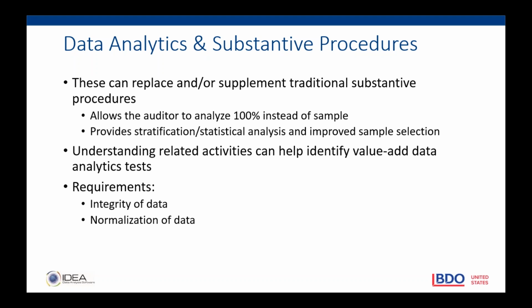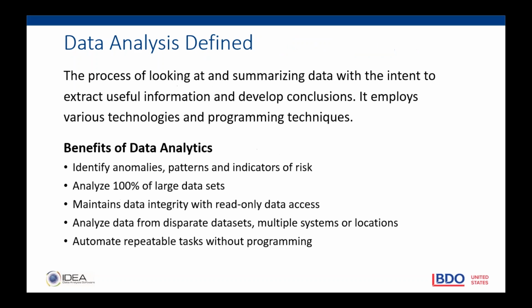Of course, we have to pay attention to the integrity of the data. So if you're looking at bad data, your analytics won't be that strong. So we need to make sure we're paying attention to integrity. And then also normalization, and I'll talk about normalization in a little bit here. So just generally thinking about data analytics, we're looking at summarizing data to extract information, perhaps look at some trends and develop our conclusions.